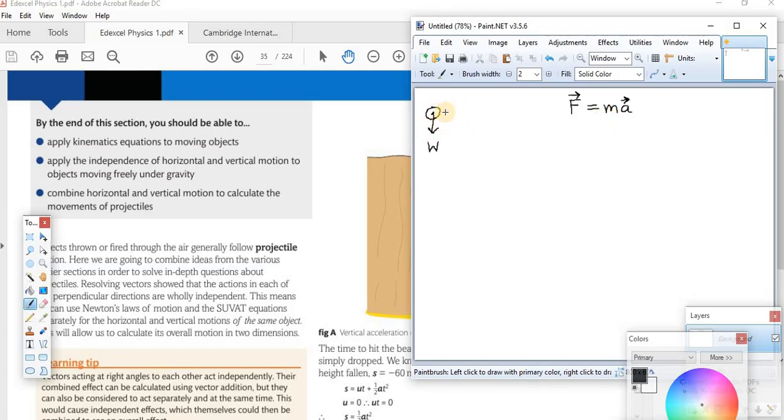For a projectile, the only force acting is the weight, which causes the acceleration due to free fall. So the acceleration is again vertically downwards, and that acceleration is what we call the acceleration of free fall, g. So a equals g. From this we can also write the equation W equals mg.